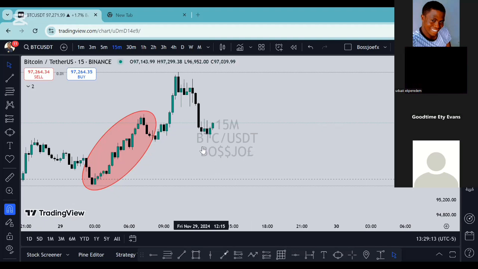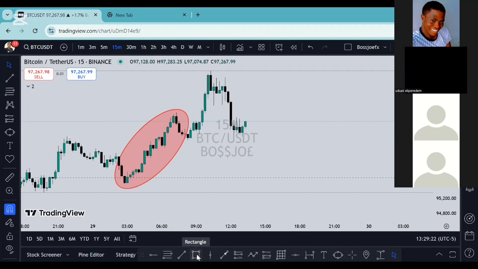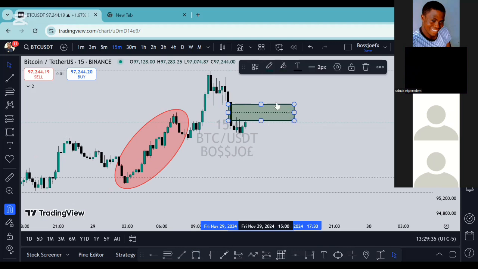So like this now, once price reaches this fair value gap, please mute your mic, okay? You notice price is here, but I don't trade BTC during this time.